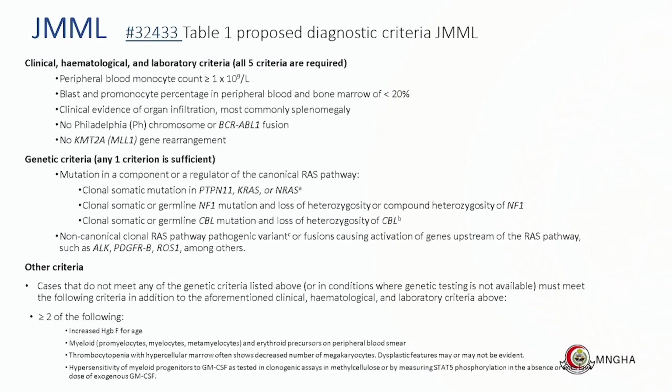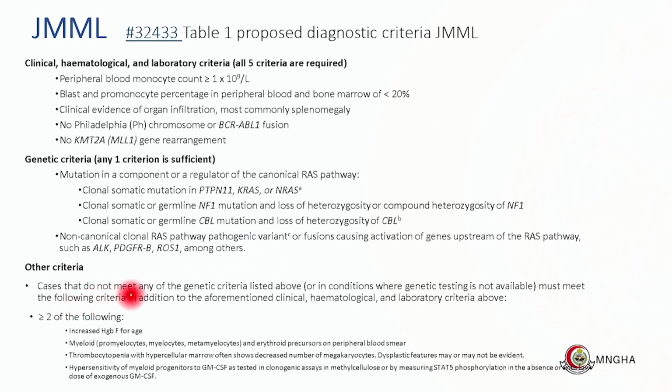So for diagnosis of JMML, we have clinical, hematological, and laboratory criteria. We have 5 criteria that are all required to be present: persistent monocytosis, less than 20% blasts or blast equivalent, presence of extramedullary infiltration like splenomegaly, no Philadelphia, no MLL gene rearrangement or KMT2A. And also, we need at least one mutational component in the RAS pathway or non-RAS pathway.